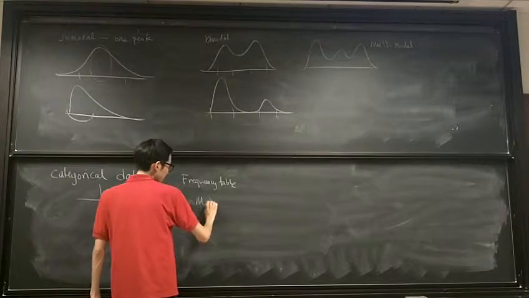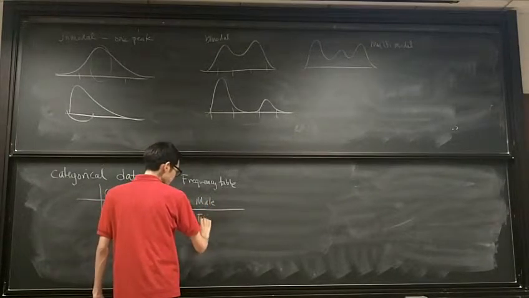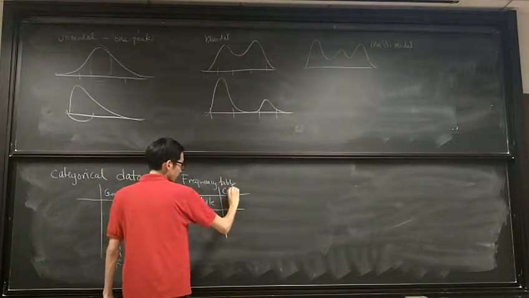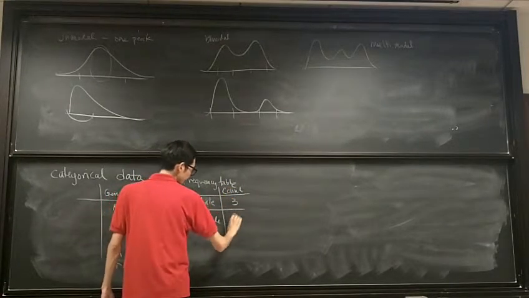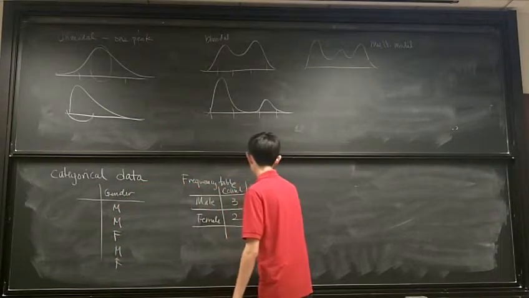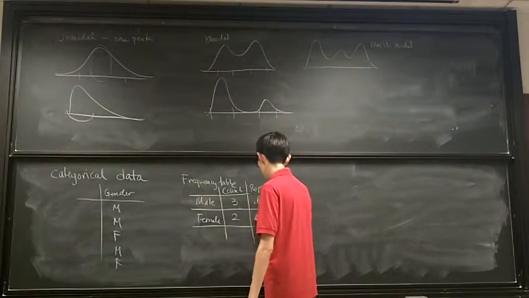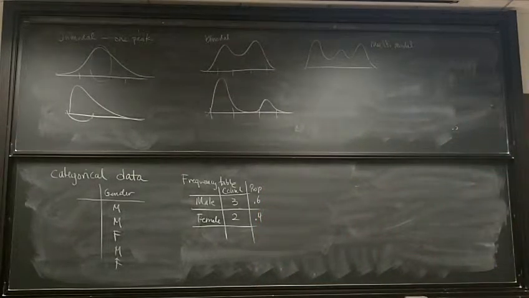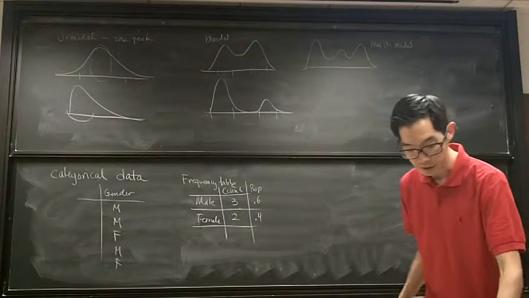Okay, and we write male versus female. And what do I put? I put the count, and I've got 3 males, 2 females. And then maybe we want to do proportions, okay? 0.6 and 0.4, 60%, 40%. All right? So we can graph this also.